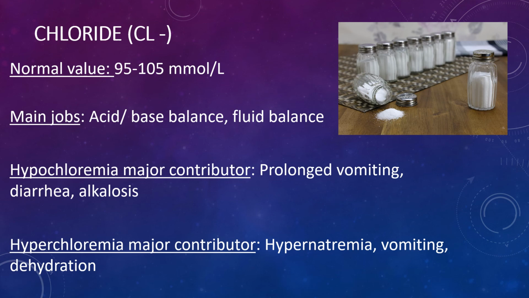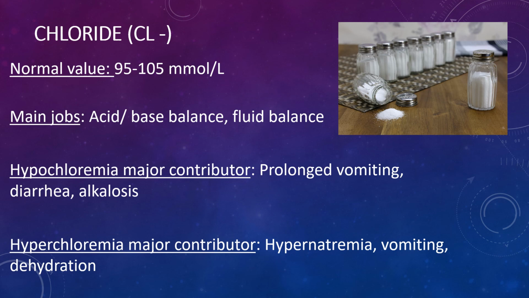Also fluid balance. Sodium and chloride travel around together. Sodium has a positive charge, chloride has a negative charge, so they're attracted to each other. And if sodium plays a big role in fluid balance, so does chloride.